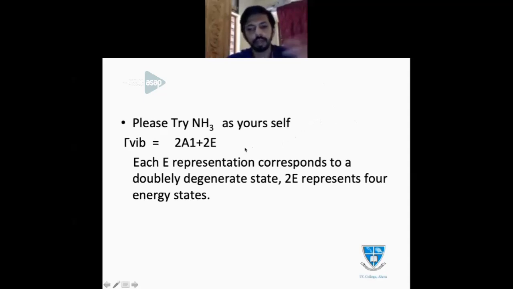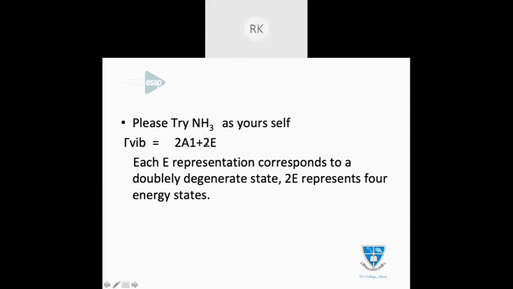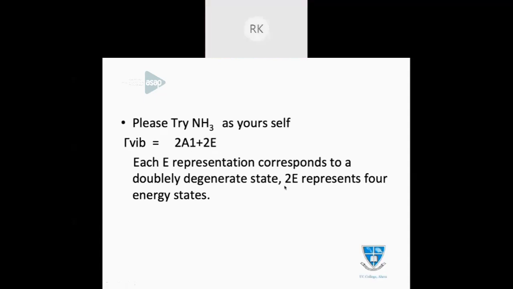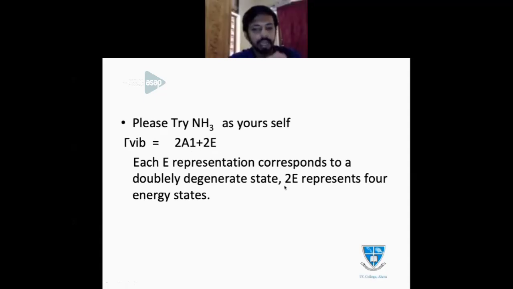You can determine the reducible representation and reduce it, and you will get 2A1 and E. E is a representation corresponding to a doubly degenerate state. If time permits and if one more session is there, I can explain the IR spectrum of the NH3 molecule. So try it yourself, and for any doubt regarding this, you can contact me at my mail address. Thank you.